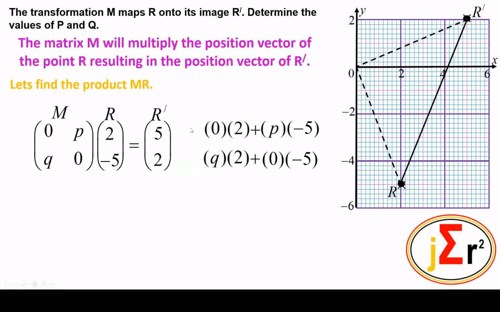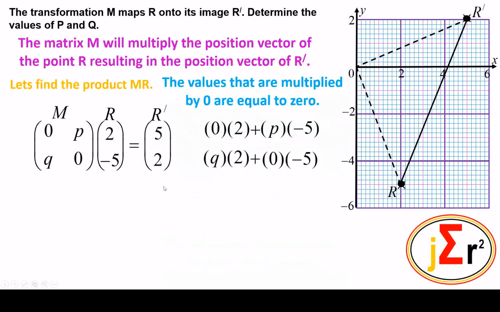Now, this will be the first element of R prime, and this will be the second element of R prime, because we have multiplied M by R, and the result is R prime.